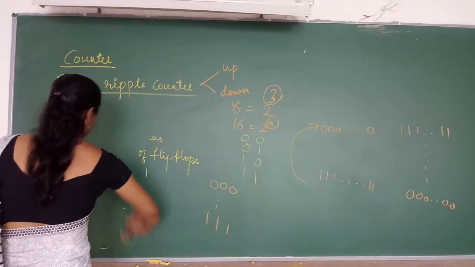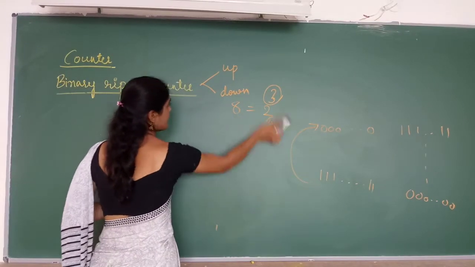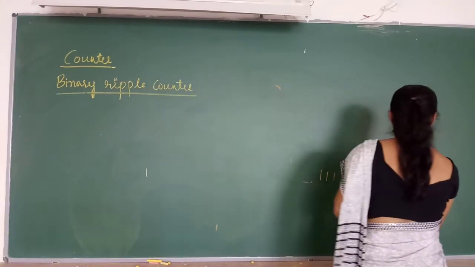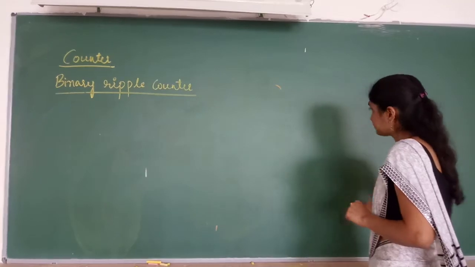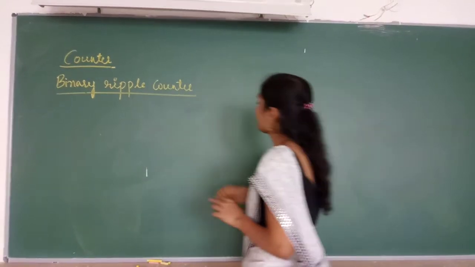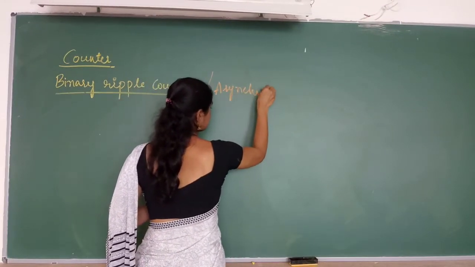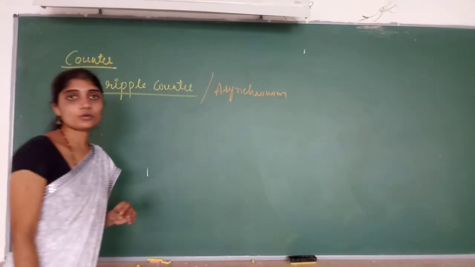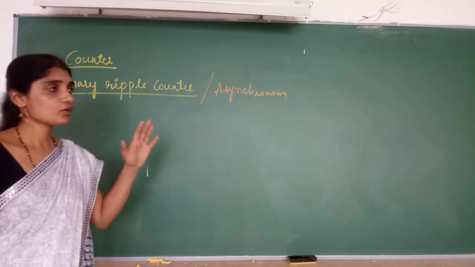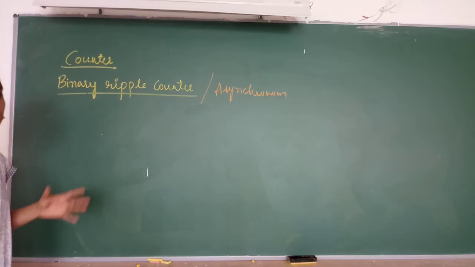In the exam, the question may ask you to write about the binary ripple counter or the asynchronous counter. Both are the same. When I draw the circuit, I can explain why it is called asynchronous and why it is called a ripple counter.